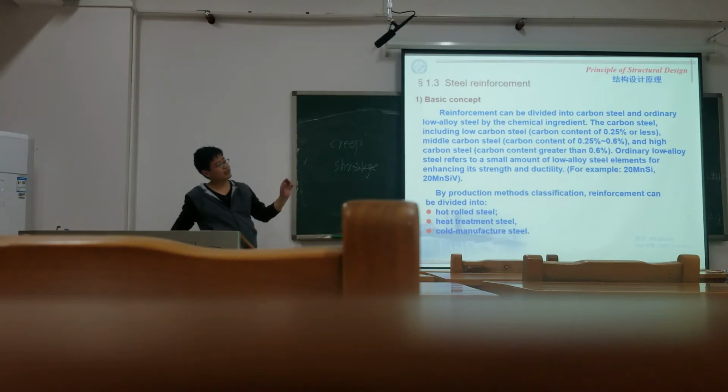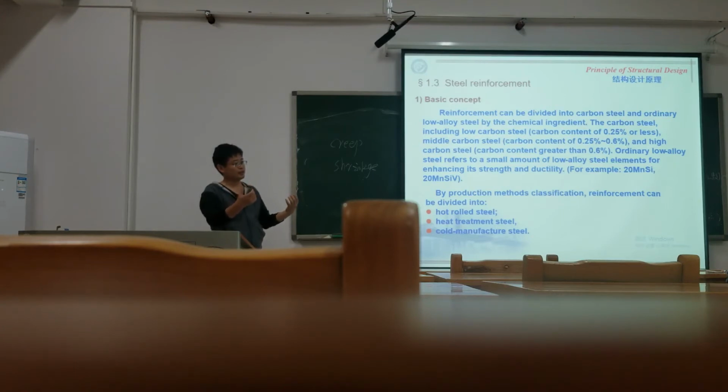With the content of the carbon increasing, actually the compressive strength of the steel increased, but the plasticity decreased. So that means the deformation capacity becomes poor.